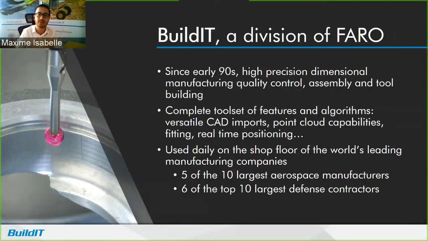And we've kept this philosophy in the past few years, and this actually comes into play when it comes to the automotive and working directly with the point cloud. We also have the ability to fit. So this includes CAD to part fitting, so fitting a cloud to an existing CAD, or also fitting geometries onto a cloud as well. And then finally, real-time positioning, which is used a lot in assembly and tool building.